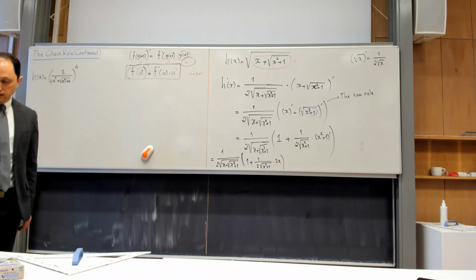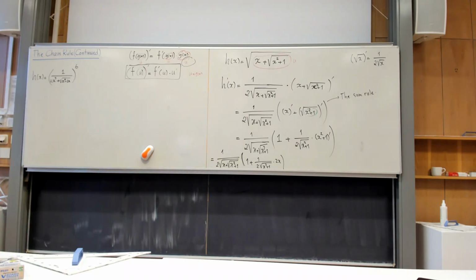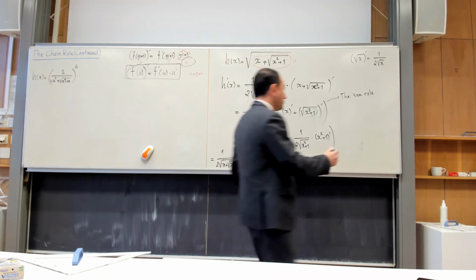It doesn't matter here. Okay, so let me pause the video and give you time to do this. We want to differentiate this function. So what should I do here first? Yeah, that's the best thing, because it's not that hard to realize that.